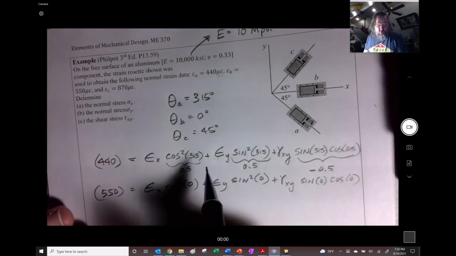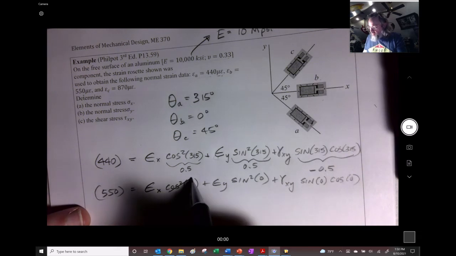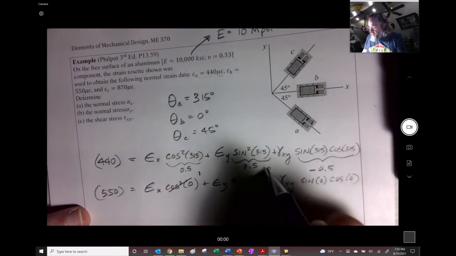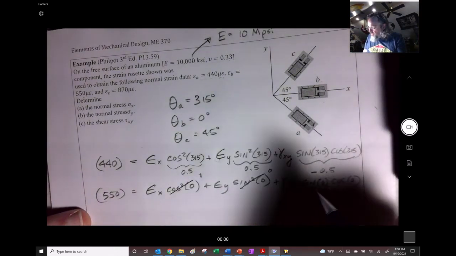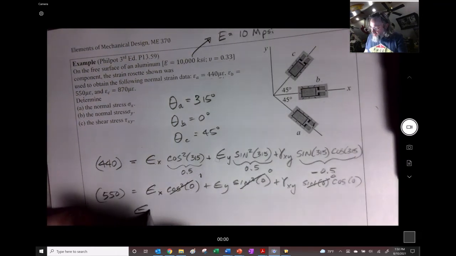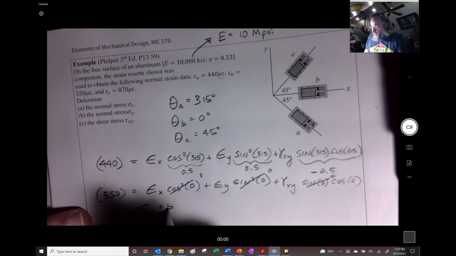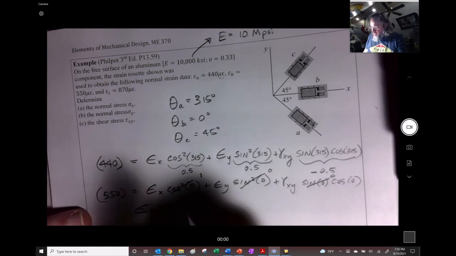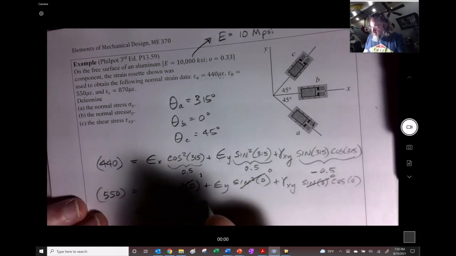Well, of course, this is going to be 1. That's going to be 0. And this is going to be 0. Right? So we could just say that epsilon x is equal to 550, and we'll just call them microstrains for right now, and like that.